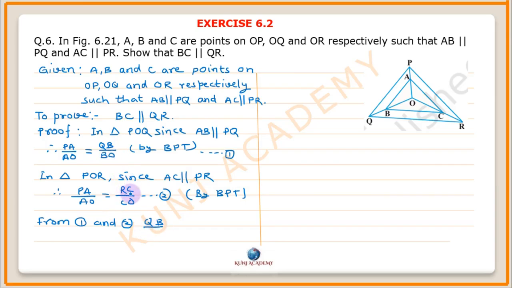QB upon BO is equal to RC upon CO. Now in triangle OQR, since QB upon BO is equal to RC upon CO, therefore BC is parallel to QR by converse of BPT.